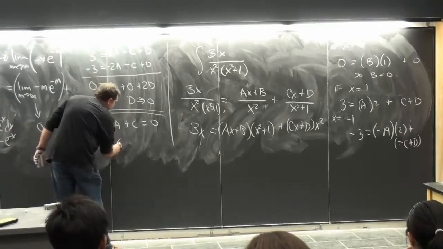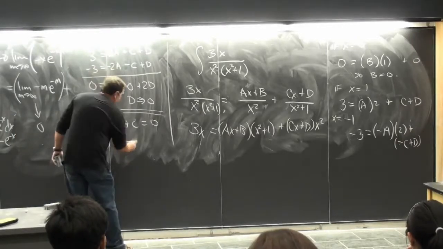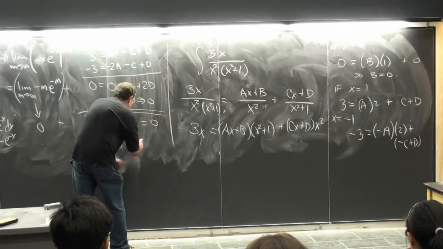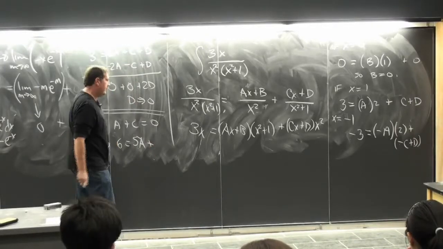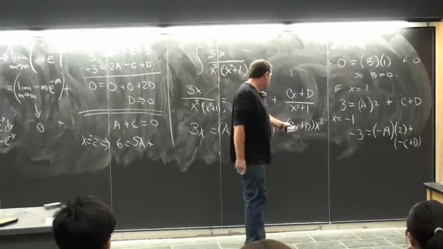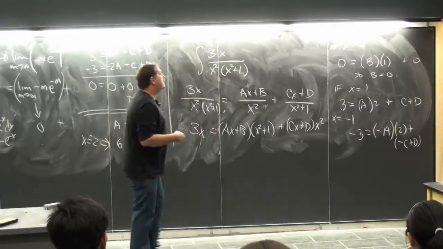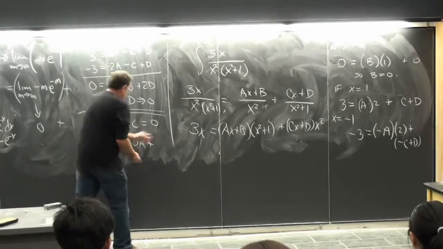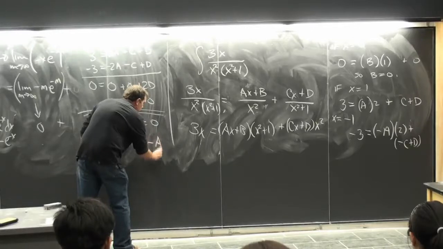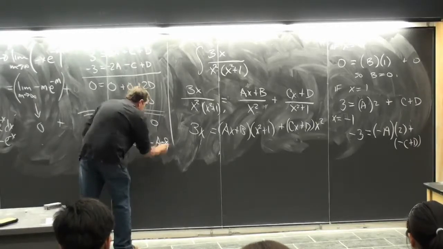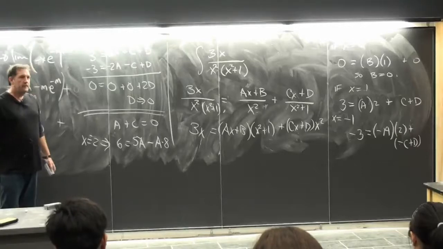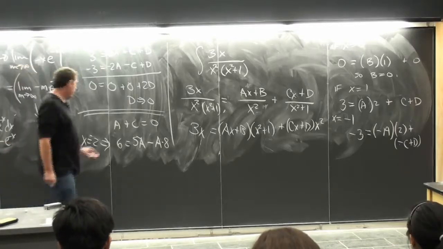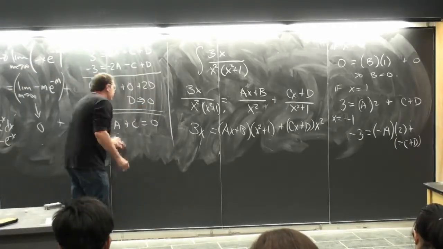This tells me that 6 equals a times 5. And b is 0, so that's gone. c is negative a, so that's negative a times 2 times 4. If I did this right, is that correct? Yeah. Okay. Let me write it a little longer. So I'm picking x equals 2.